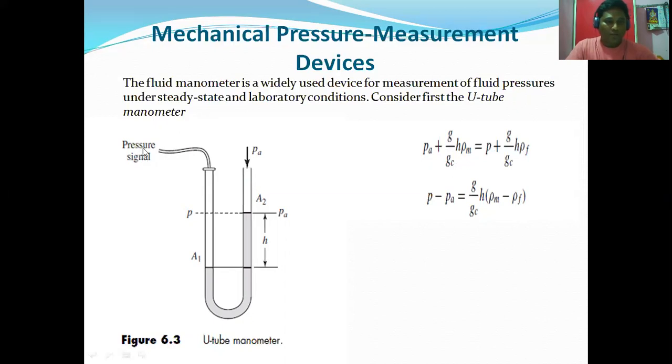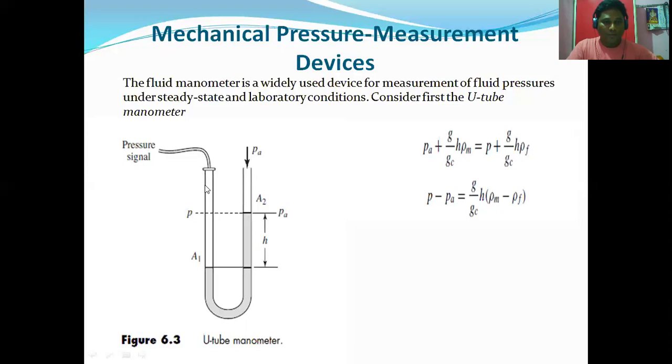So the pressure signal passes through this way, and P_A is measured at the location between A1 and A2, that is the height h in the U-tube manometer.